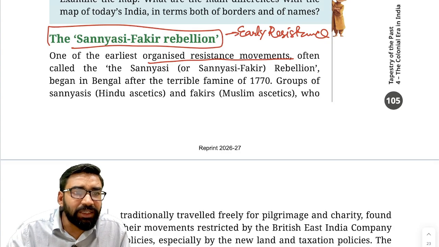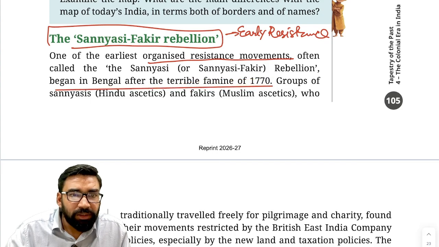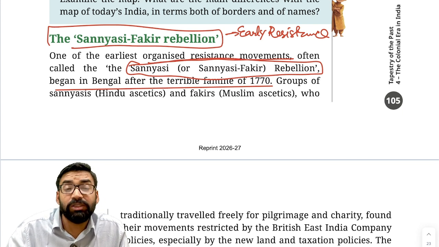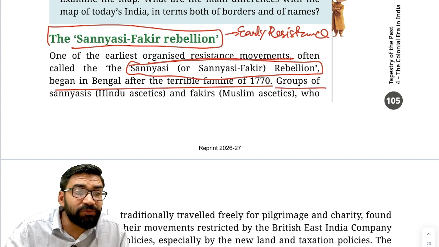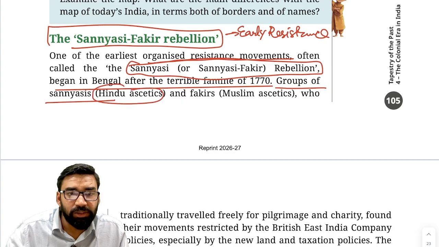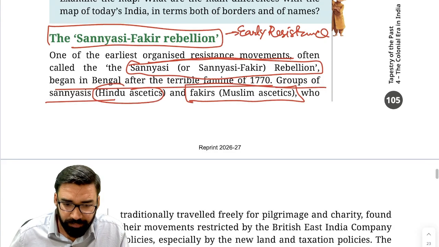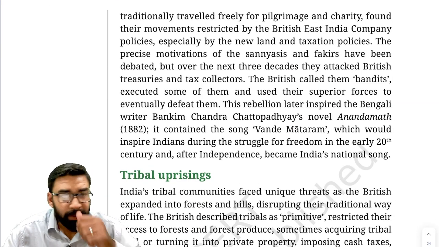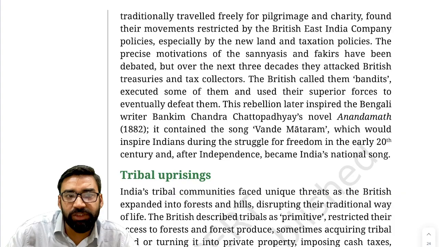Where was it started? It began in Bengal after the terrible famine of 1770. It is also called the Sannyasi rebellion. Why is it called the Sannyasi rebellion? Because a group of sannyasis, or Hindu ascetics, and fakirs, Muslim ascetics, participated. Why did they participate?